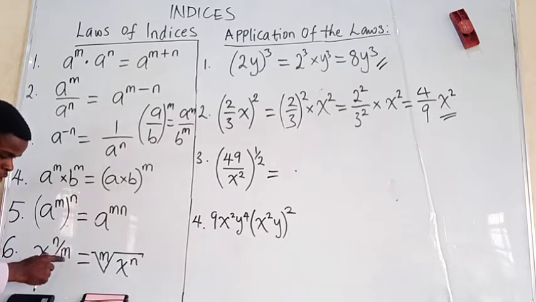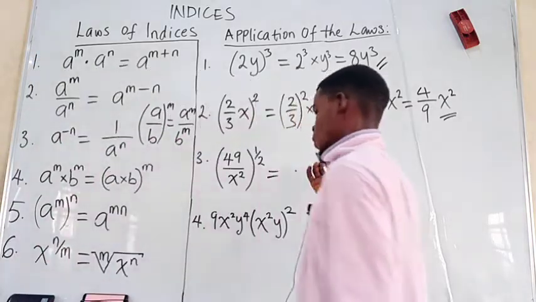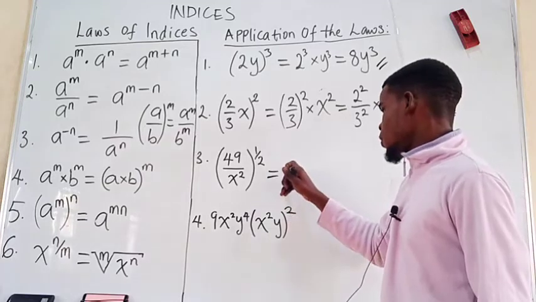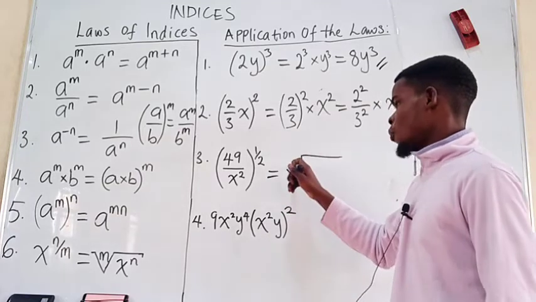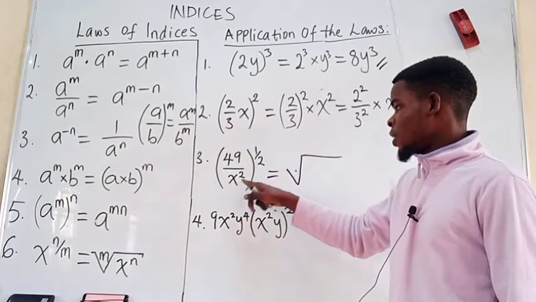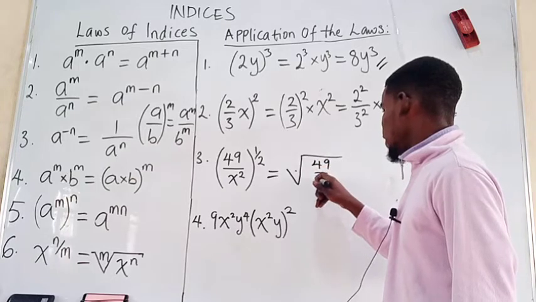And the denominator of the fraction we are going to have it to be the root. So here in the denominator we are having 2, so that will just be the square root. There is no point putting 2 again. Then we're going to write down the term, that is 49 over x squared.